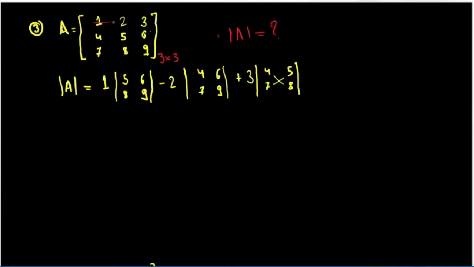So I will hide the first row and first column, and then the remaining elements I will write as a 2 cross 2 matrix. So the remaining elements are 5, 6, 8, 9.